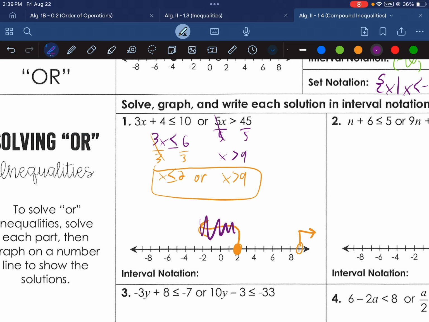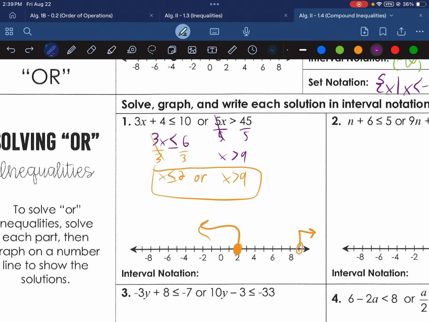If it were to have gone this way, notice they overlap when it gets to this point because 10 would be greater than both 2 and 9. So there's no overlap between or options, similar to how, using that Monday or Tuesday example, there's no overlap between Monday and Tuesday. Here's Monday and here's Tuesday.